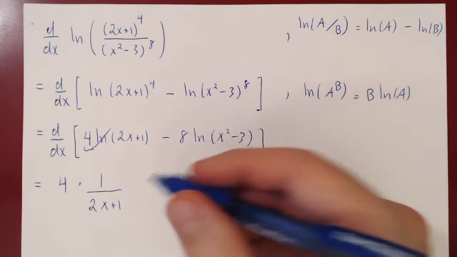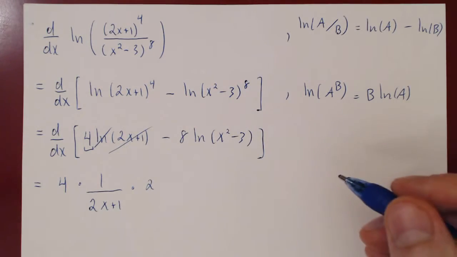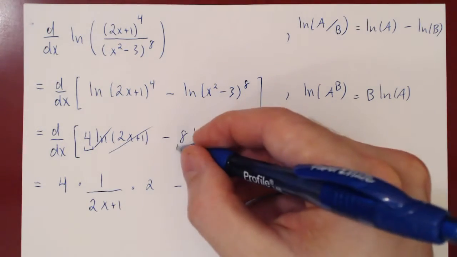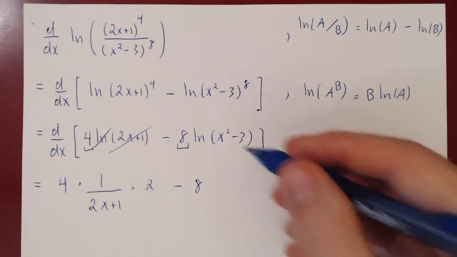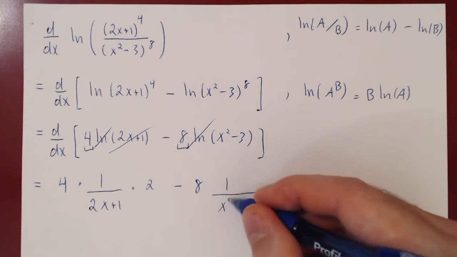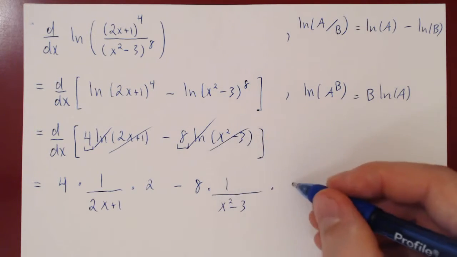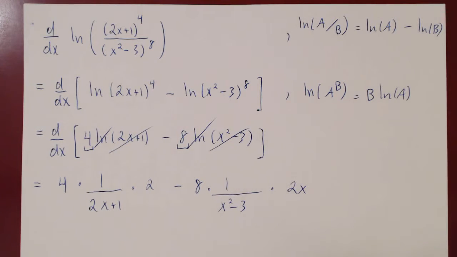Chain rule, times the derivative of the inside, which is 2. That takes care of the first term. Minus 8 is a constant multiple, so it just stays there. Derivative of ln is 1 over what's inside, x squared minus 3. Chain rule, times the derivative of this, which is simply 2x. And that's it, we're done.